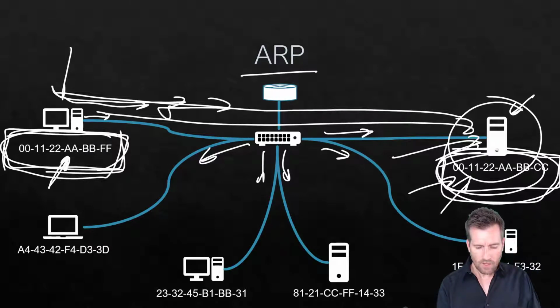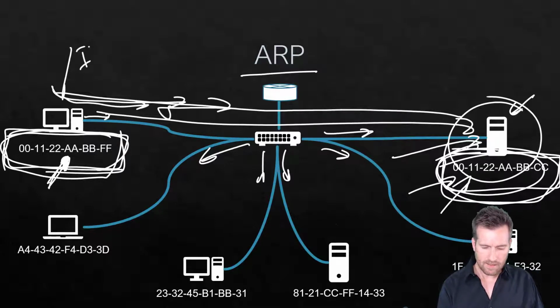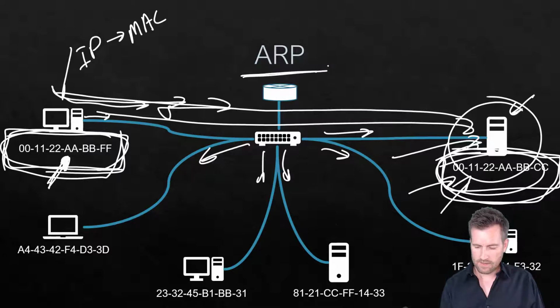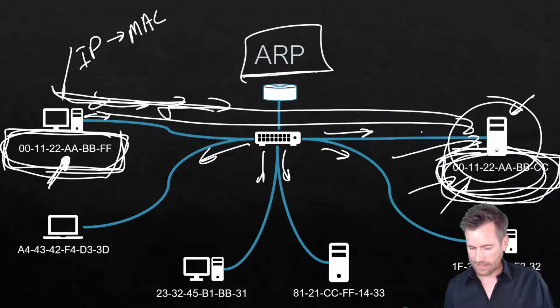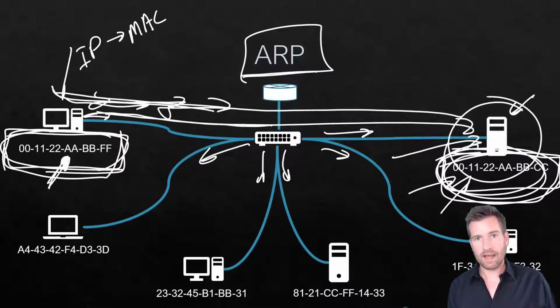And so now this device has the IP address. It knows what MAC address is associated with it because it did the ARP request and got a reply back. And now this machine will form that frame with the destination MAC address and put it out on the line.